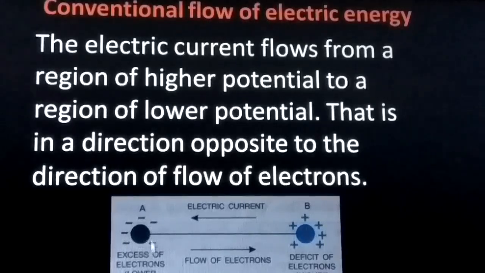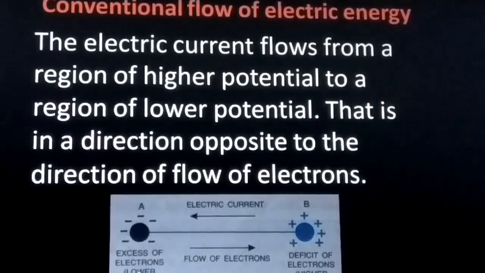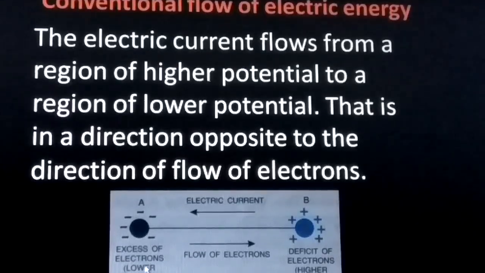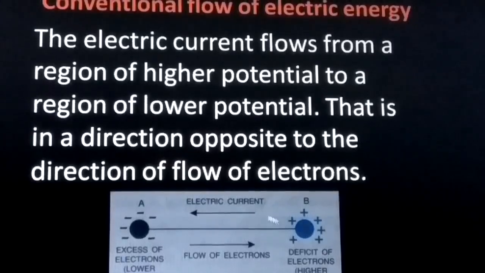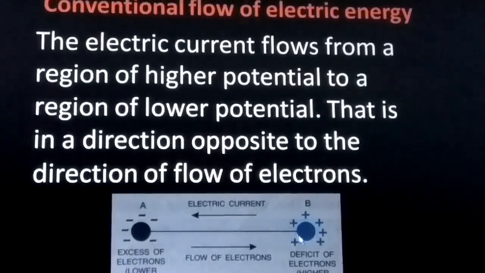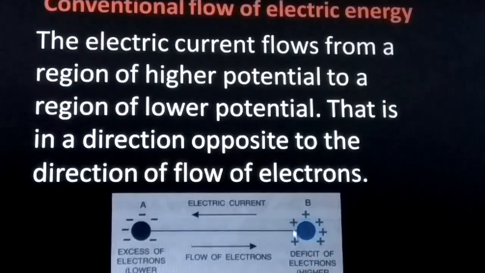So this is the lower potential. Now B is another conductor, which is positively charged.